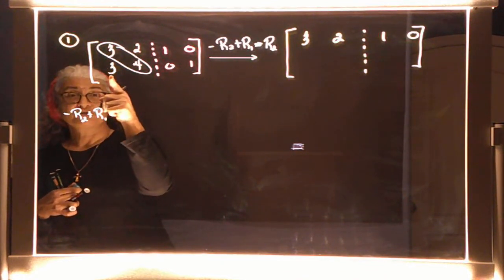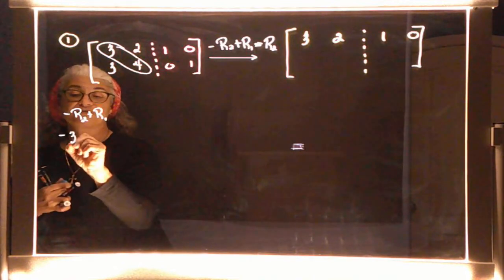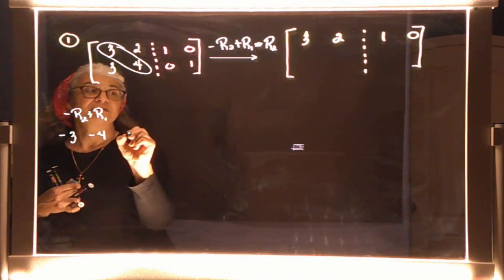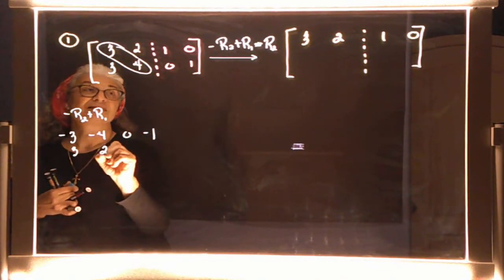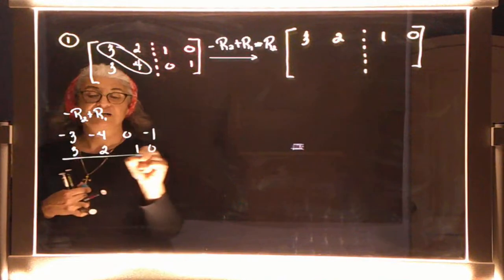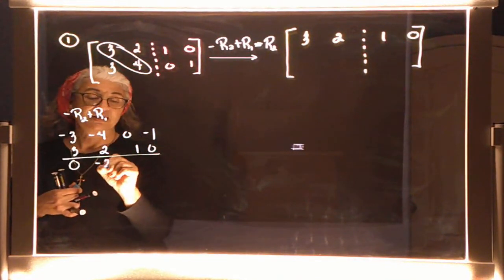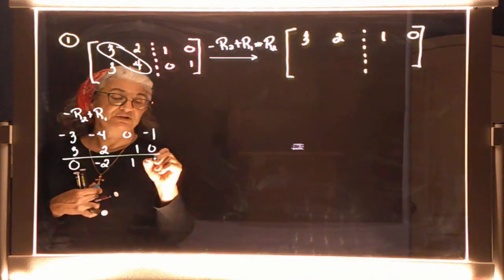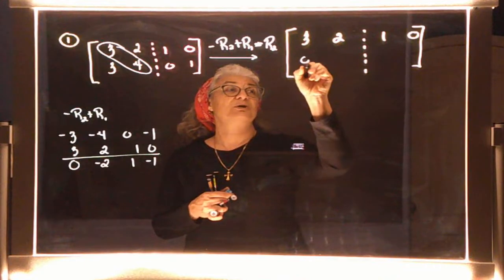So take row 2, multiply by a negative 1. What do we get? Good. Negative 3, negative 4, 0, and negative 1. And then I'm going to add that to the first row, and when I do that, I get 0, which is what I was going for, a negative 2, a positive 1, and a negative 1. So that is my new row 2.